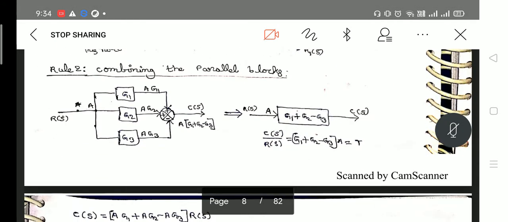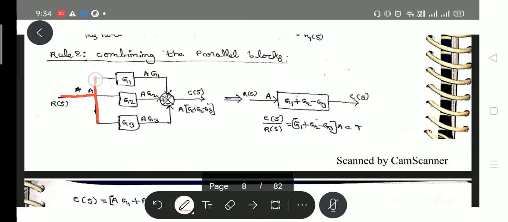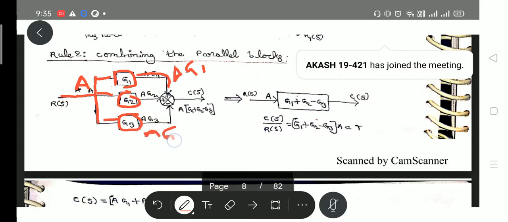Combining the blocks in parallel. Here I am connecting the three blocks G1, G2 and G3. These three blocks are connected by using the summing point. So here the input is A. The summing point inputs are A into G1, A into G2, and the last one is A into G3.